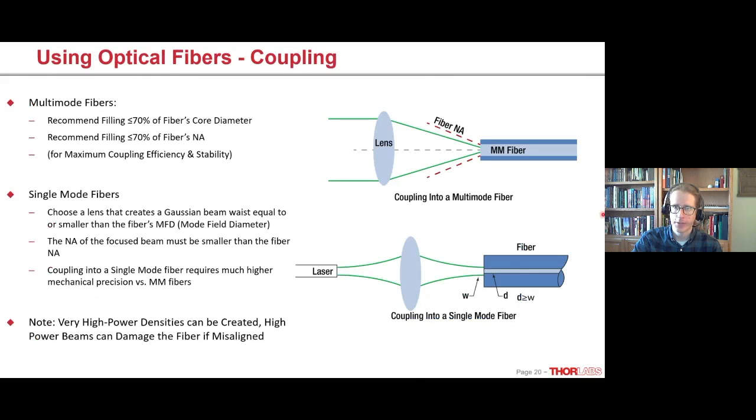Yeah, so there are a couple different strategies there for high power. And Pat, you might know this one better than me, but I think the focus is slightly behind the end face. You can focus the laser beam down to a lot smaller than the multimode fiber core diameter. You're not quite worried about the 70% rule.